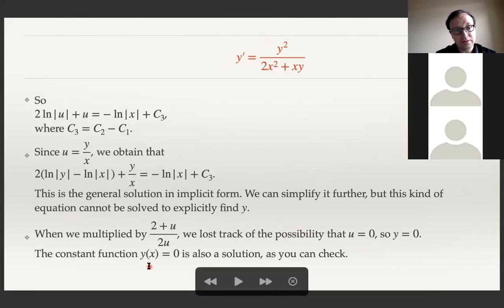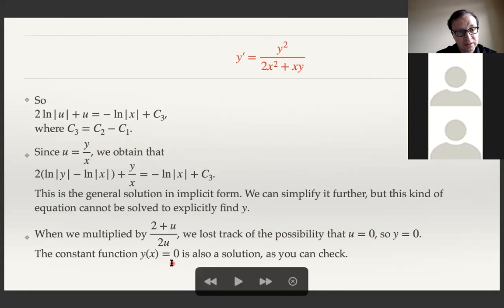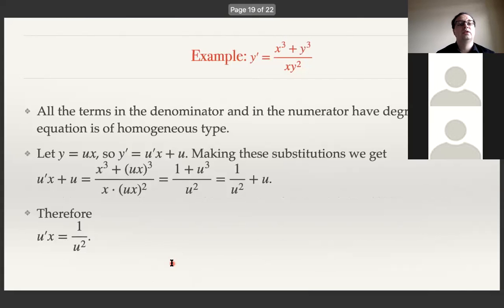Both x equals 0 and y equals 0 are possibly special for this equation. It turns out that the constant function y of x equals 0 is also a solution, as you can check. And by the existence and uniqueness theorem, which we have not studied yet, it is the unique solution that corresponds to the initial value 0.